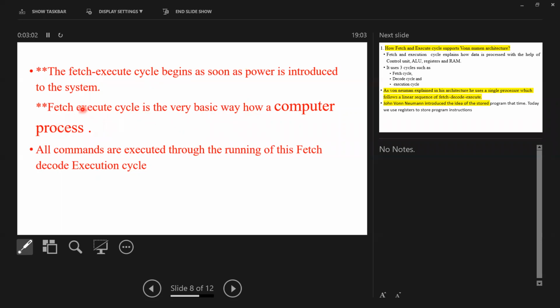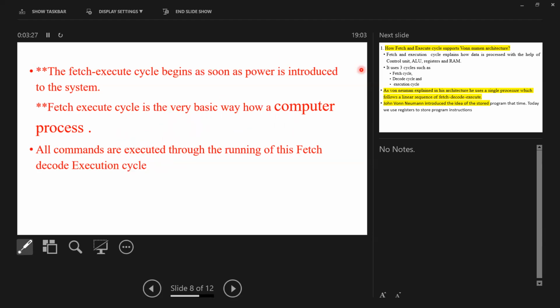So it explains how the computer is processing. The basic step, the building block of the computer, is the fetch execution cycle. All commands are executed through the running of the fetch execution cycle. So whatever process is going on, it has to go through the fetch execution cycle.